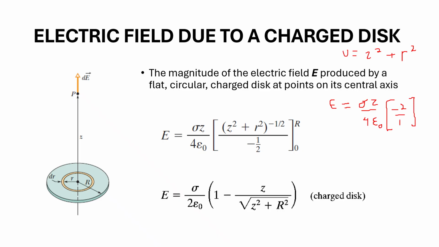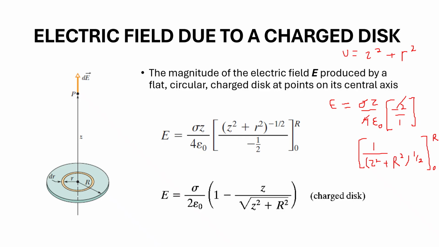So substitute the value: 1 over z squared plus r squared with the square root of z squared plus r squared, from 0 to r. So here we can cancel out. So we just focus on solving this term, because remember that here we have negative.